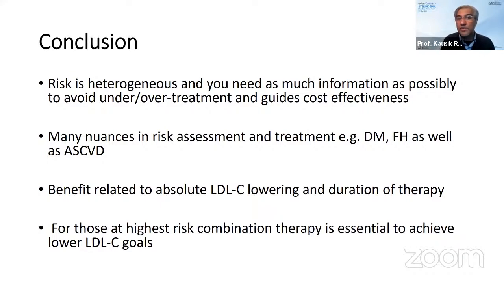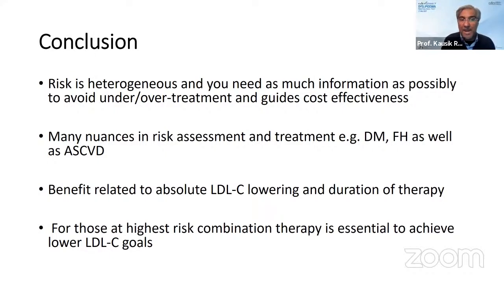There are many nuances of risk assessment, including those people with diabetes, looking at additional factors like microvascular disease, and for FH in particular, the timing of that diagnosis. And LDL lowering per se can be mathematically quantified, and it doesn't matter how you lower it. The reason we've got these steps is largely because of cost rather than anything else.